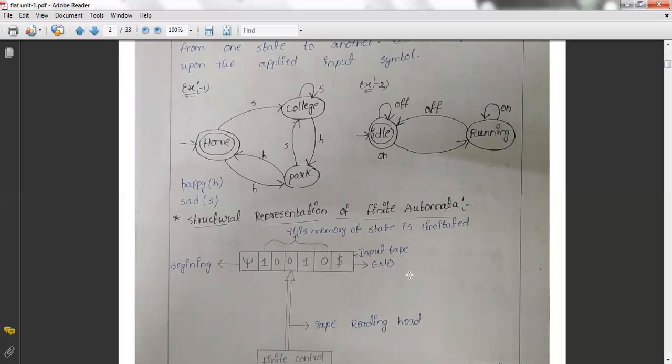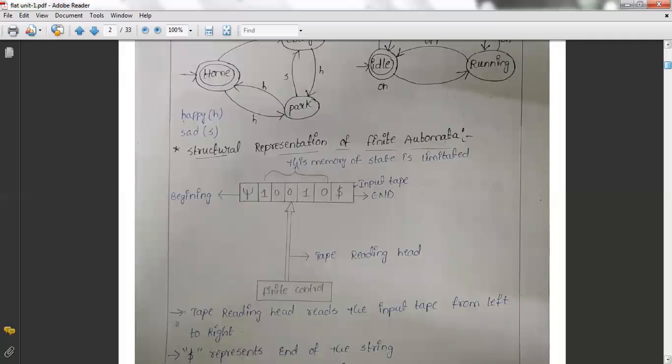Whenever you read the data, that particular data is sent using the tape reading head. From the finite control, you send to this particular input tape, which has the beginning and the ending, and in the middle the memory is limited.